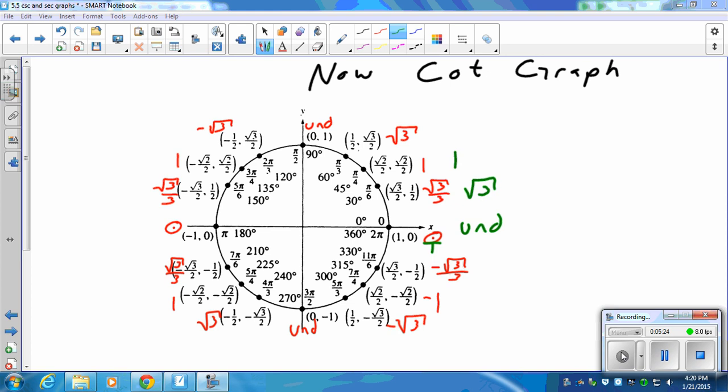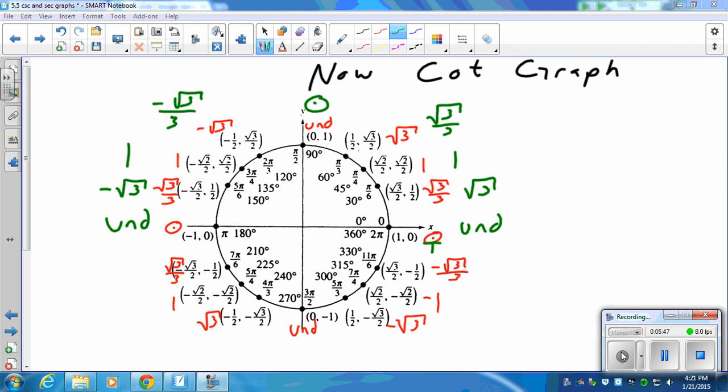This is going to be 1. This is the square root of 3 over 3. Now this is 0, and this again is going to be negative square root of 3 over 3. This will stay as negative 1, and this is going to be negative square root of 3, and this is going to be undefined here.